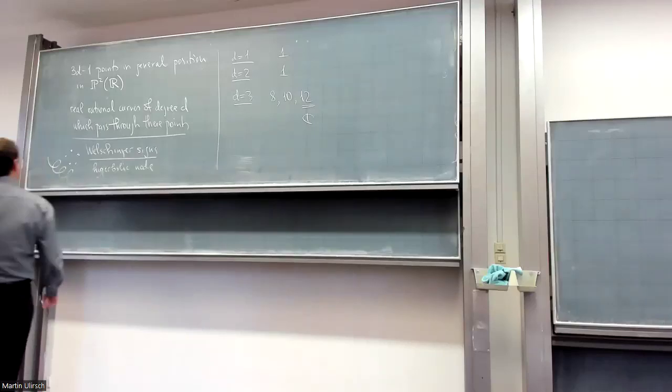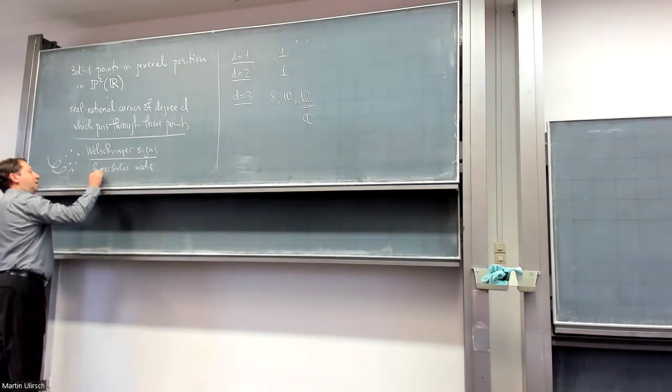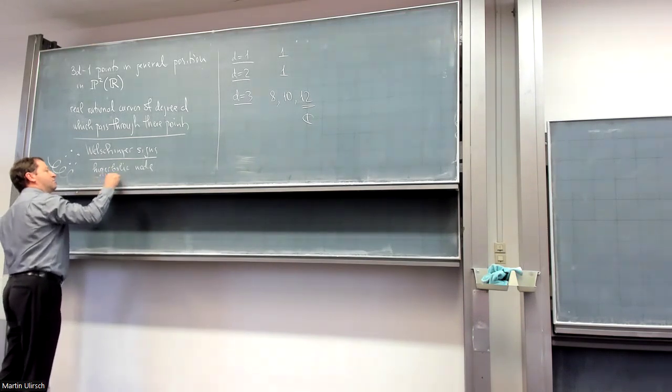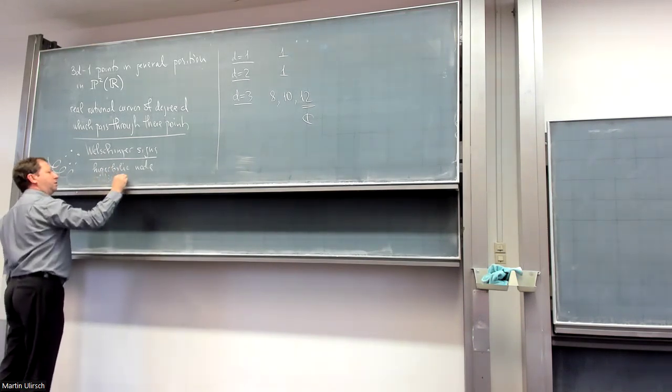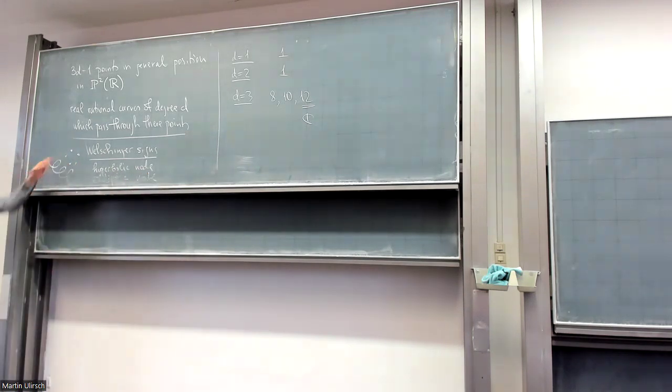The second type is like this. It's a so-called solitary double point, or sometimes elliptic node. So what happens for such a double point?